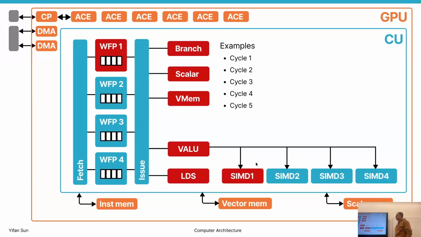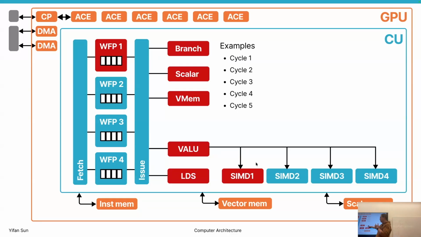Then we need to add some extra rules for the issuing process. In each cycle, the issue unit will have at most 10 options to select from, because there are 10 wavefront slots in each wavefront pool. How many can it issue? It can actually issue 5.